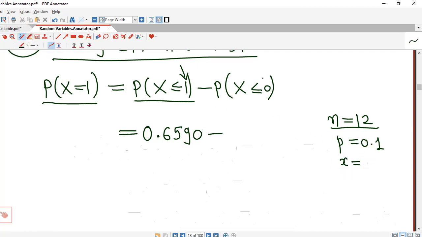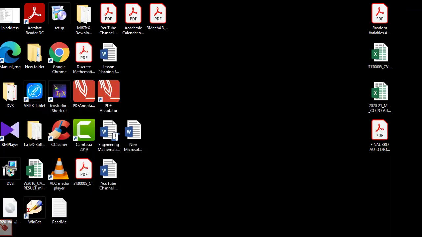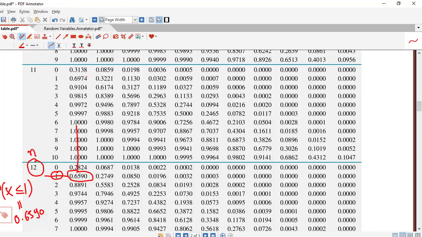Now x is 0 here, so we check for x equal to 0. We have to concentrate on the row corresponding to x equal to 0. This is n equal to 12, this row corresponds to x equal to 0, this column corresponds to p equal to 0.1.